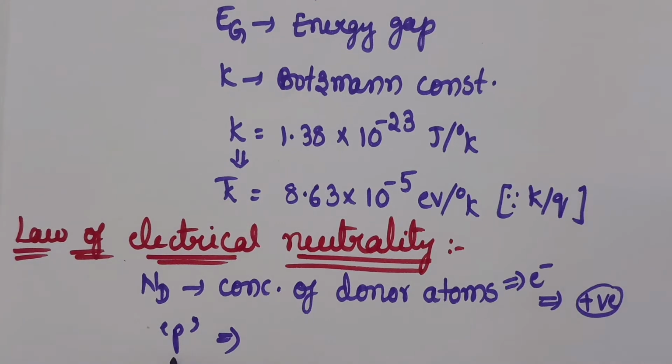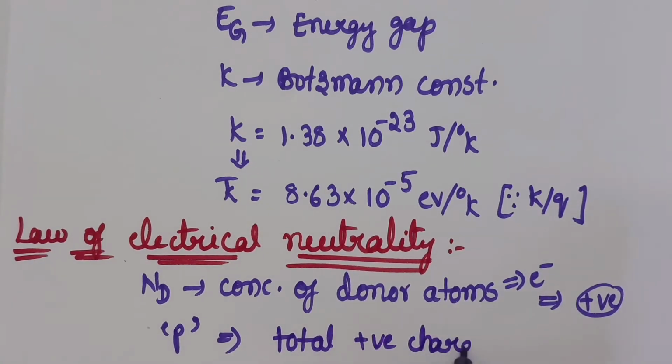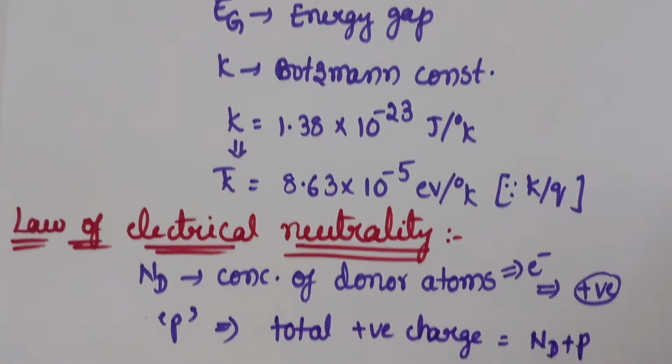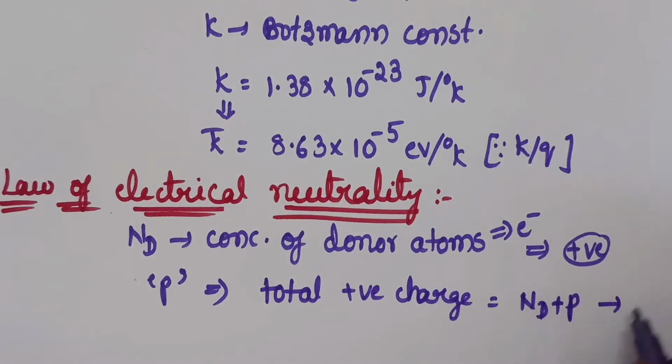If the hole concentration is denoted by p, then the total positive charge is equal to Nd plus p. This is equation number 1.